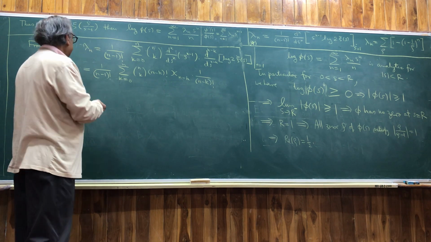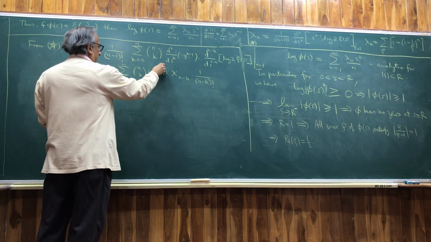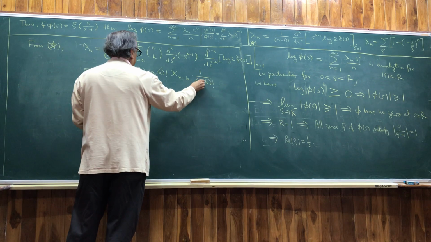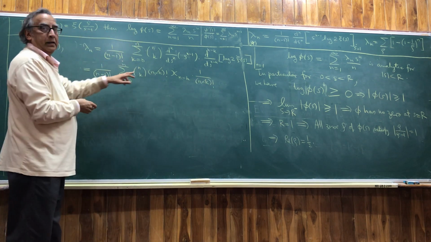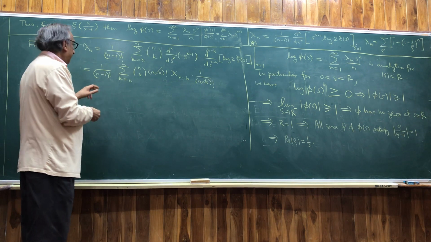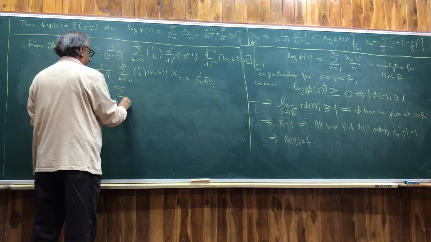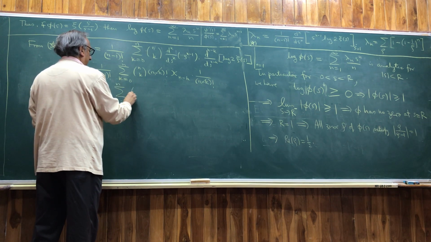Fair enough? So in other words, the (n minus k) factorial here cancels with this. The n factorial and (n minus 1) factorial give me an n. k goes from 0 to n.